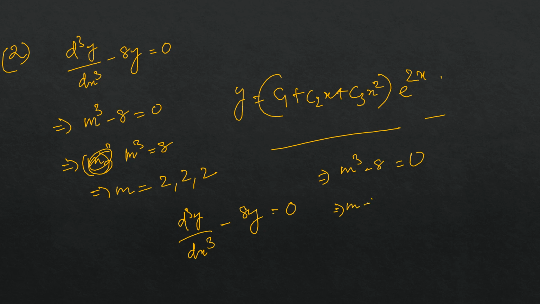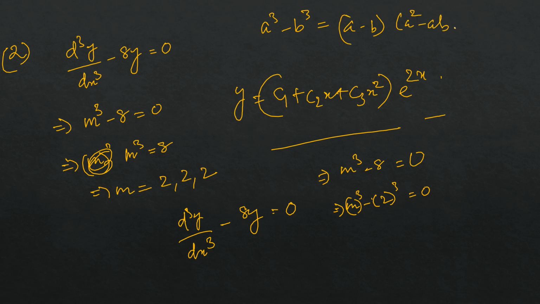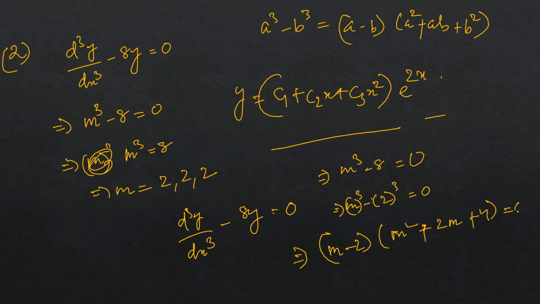So this is m cube minus 2 cube. The a cube minus b cube formula is (a minus b) into (a square plus ab plus b square). So this will become (m minus 2)(m square plus 2m plus 4) is equal to 0.